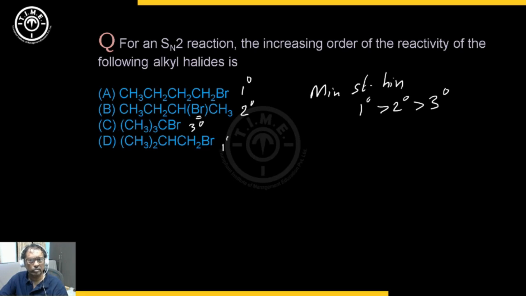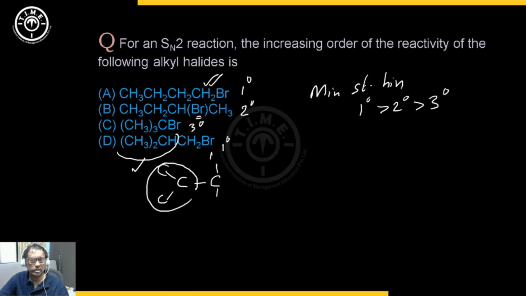And this again is 1 degree, but there is some bulky group present here. Here we have 2 hydrogens, right? And this entire propyl is a straight chain, so it will not offer so much steric hindrance when compared to this one, right? This is C with a C and a C like this, so this is an isopropyl group, having 2 hydrogens and a bromine. This is D. D is also 1 degree, no doubt.